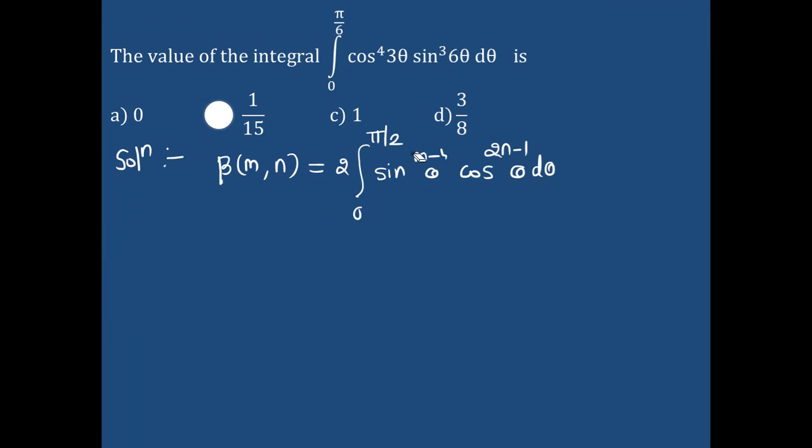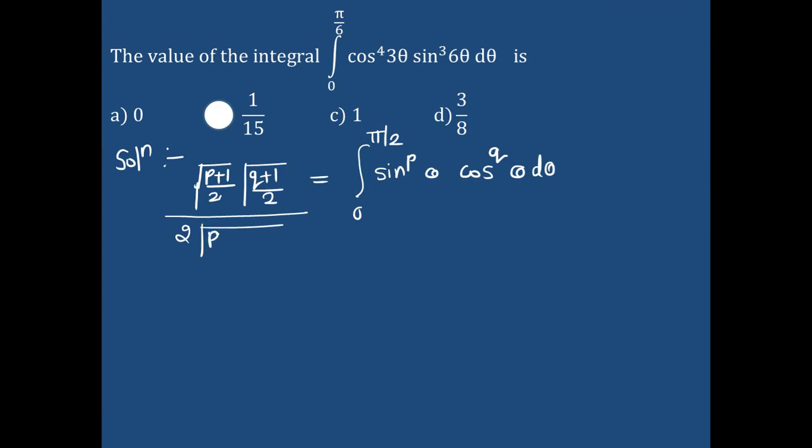Integral from 0 to pi by 2 of sine to the power p theta cos to the power q theta d theta is equal to gamma of (p plus 1) by 2 into gamma of (q plus 1) by 2 upon 2 times gamma of (p plus q plus 2) by 2, right?